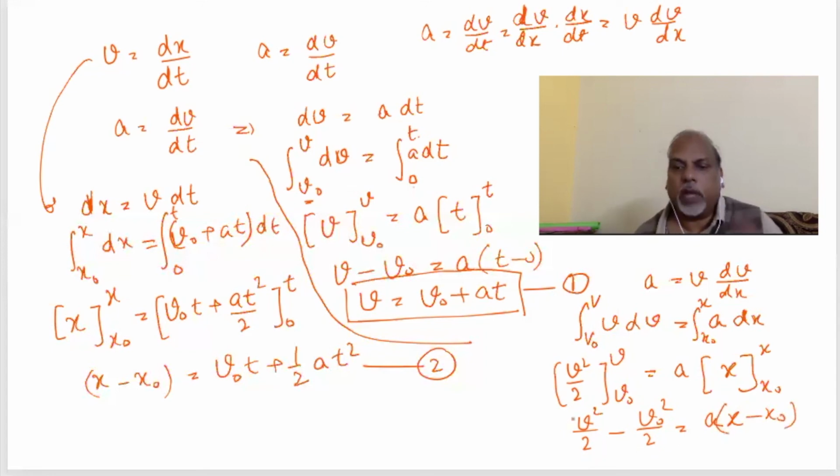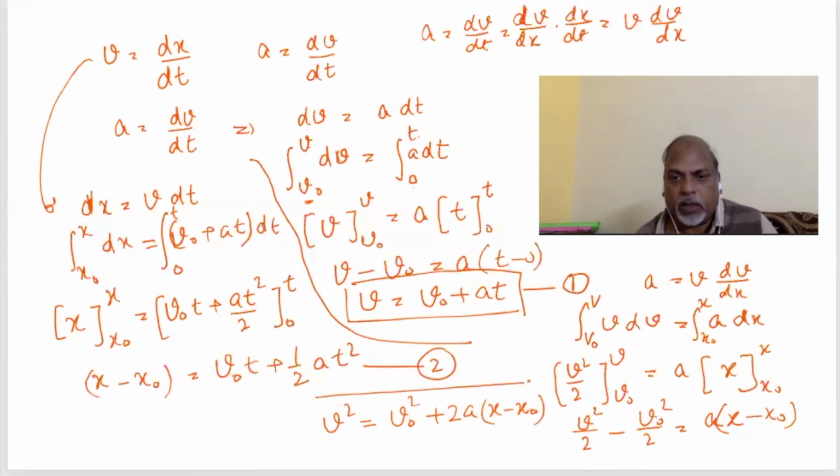This is correct. So this will give you v square is equal to v0 square plus 2a (x minus x0). This is your third equation.